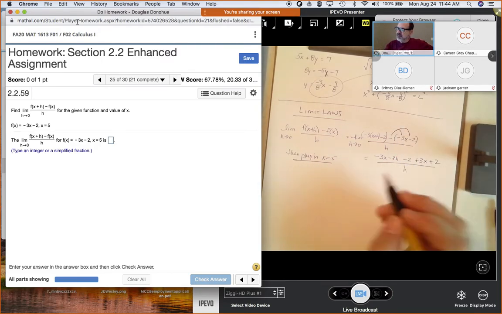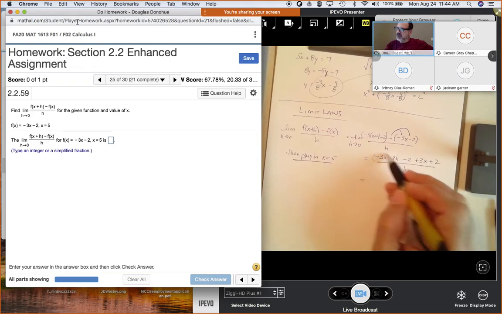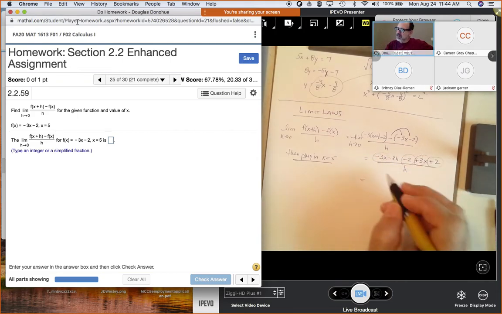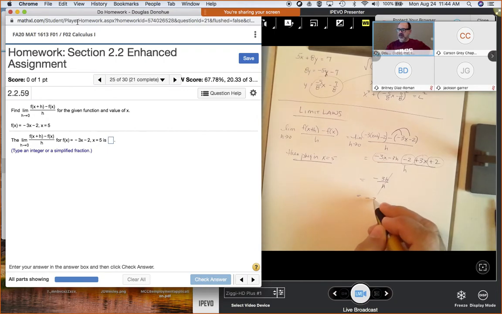The -3x and the +3x, the -2 and the +2, all add to be 0. Then the h's cancel. I get -3. Then I plug in x equals 5. And there's nowhere to plug it in, so I still get a -3.